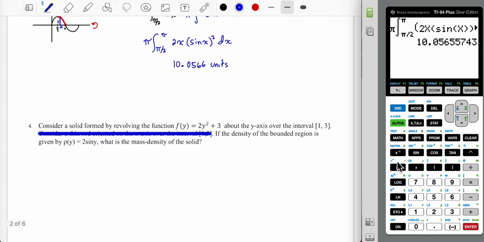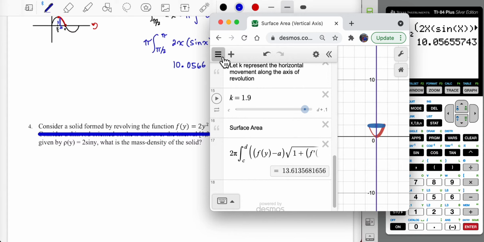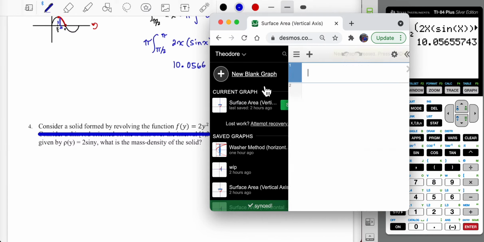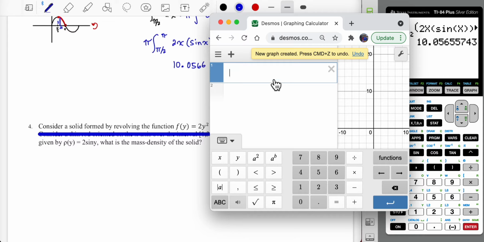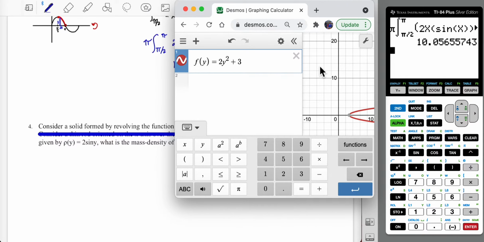All right. So this one I'll do on Desmos. F of y is equal to 2y squared. I mean, it's a sideways parabola, but it's also something that if we could avoid having to draw these things out by hand, why not, right? Over the interval of, I believe it said 1 to 3.